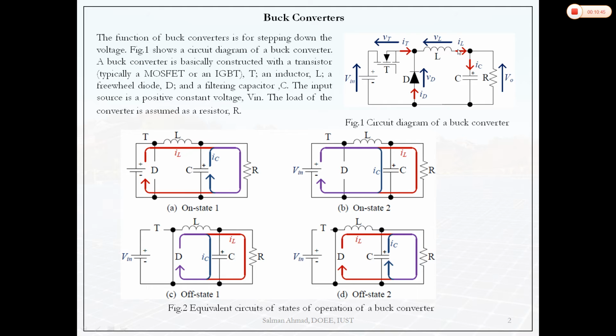So this current becomes more than this current. The remaining current will flow through this capacitor and the capacitor will get charged. So in on state 2, the inductor will supply the load, as well as charge the capacitor.